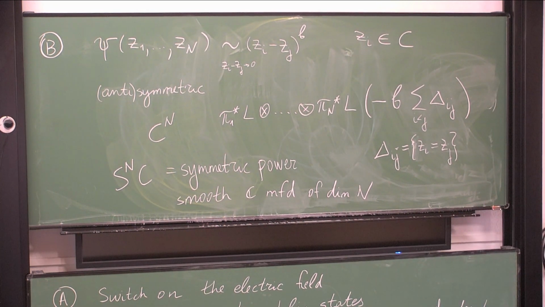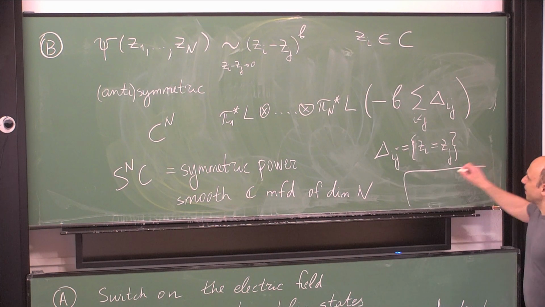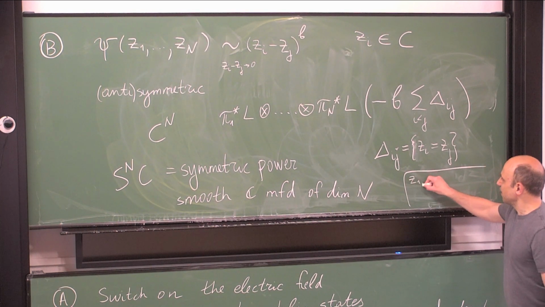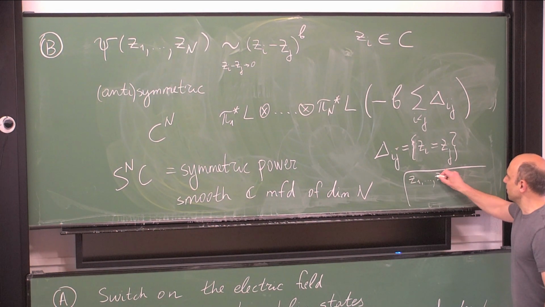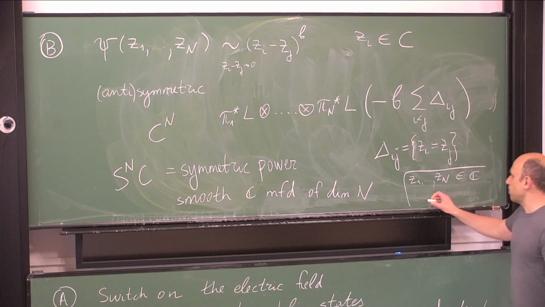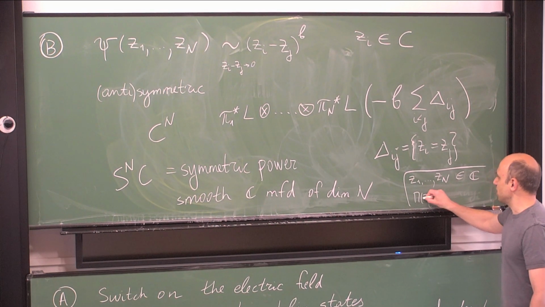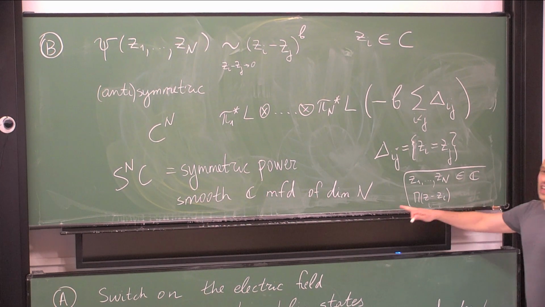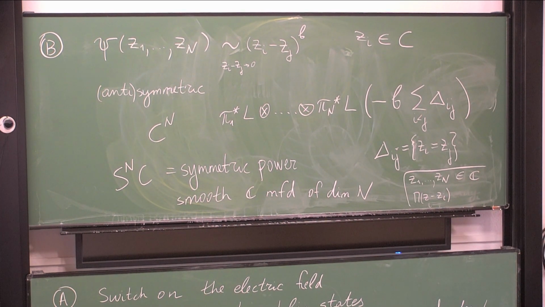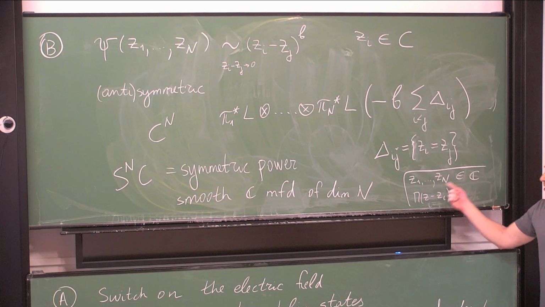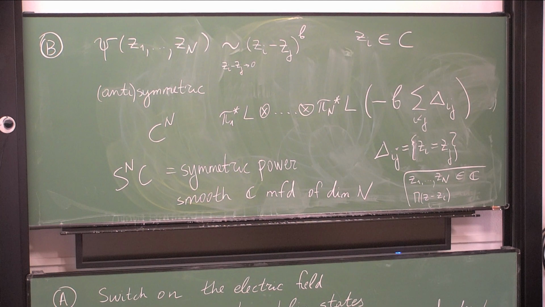It is easy to see for n points on the plane. If you take n points in C, you can take the polynomial product of z minus z_i, and the coefficients of this polynomial are coordinates on the symmetric power of C. If you take a polynomial, it determines the set of roots without the order.